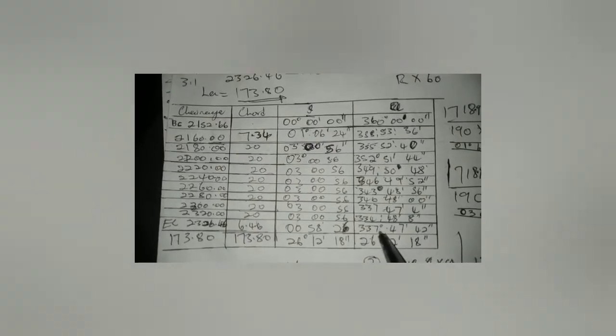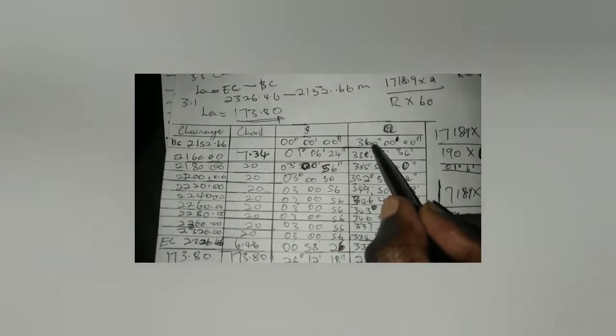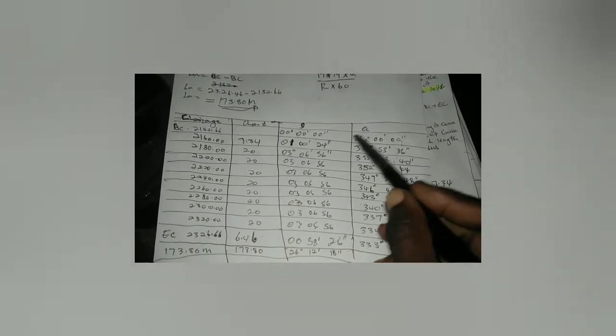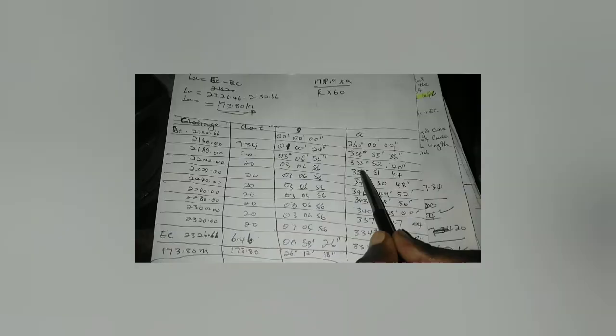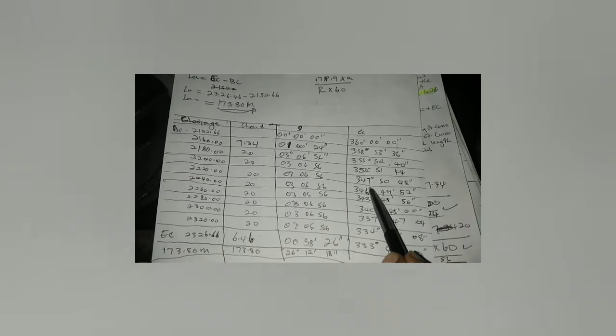Let me not confuse you guys. Let me be slow again. 360 minus this will give you this, and then this minus this will give you this, and so on down the column.